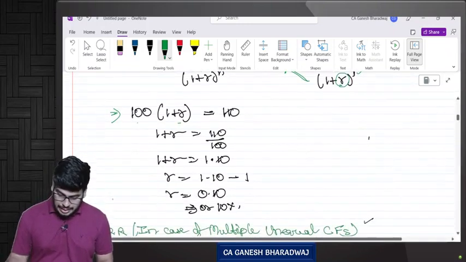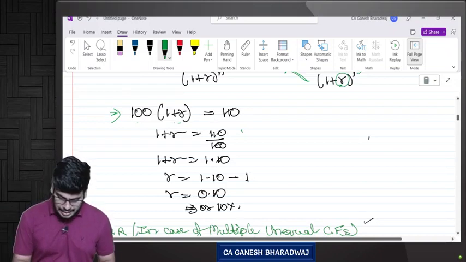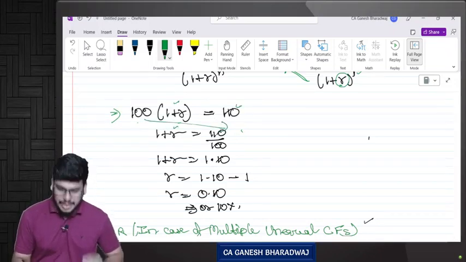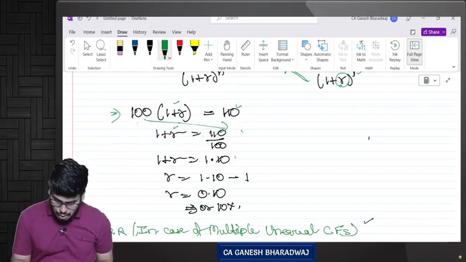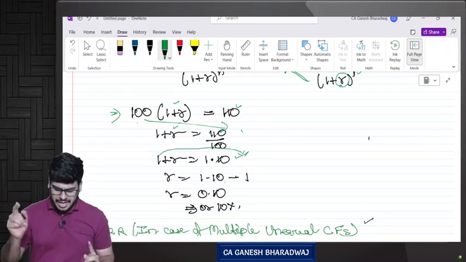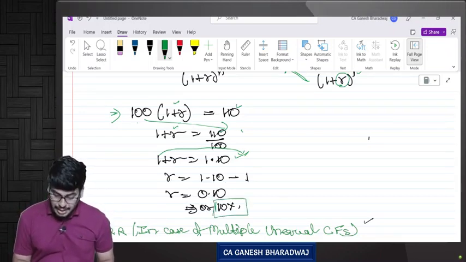Again you push this 100 to the denominator of the RHS. Can I say 1 plus R is equal to 110 divided by 100? So 1 plus R is equal to 1.1. Or take this 1 to the right hand side, R is equal to 1.1 minus 1, R is equal to 0.10, or you can say R is equal to 10%.